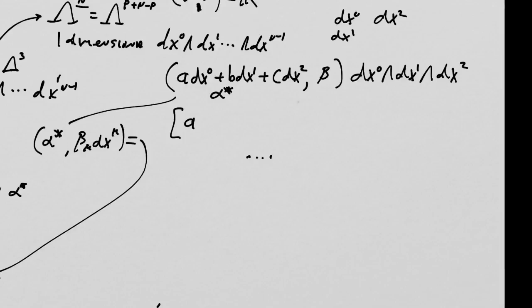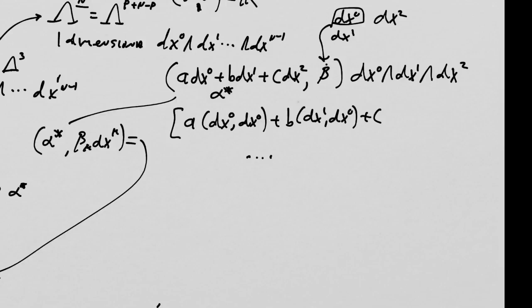It becomes A dx, let's use dx0 first. So beta is dx0, so I'm going to insert it there: dx0, dx0 plus b dx1 dx0 plus c dx2 dx0, right? And then this guy here goes in the back.